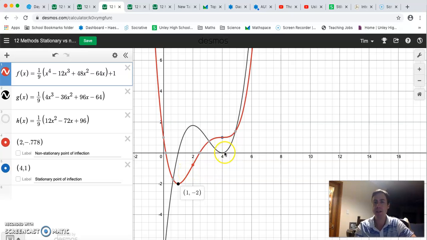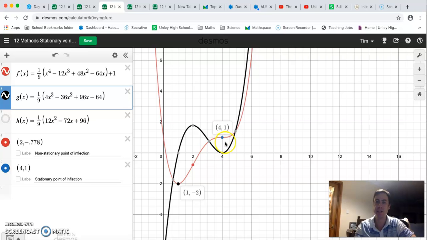For this one here at x equals 4, what would the sign diagram look like? Well, at x equals 4, the first derivative is 0, but here I've got positive values for my gradient function, positive to positive. And so I'd be able to identify from the first derivative and its sign diagram that this was a point of inflection.